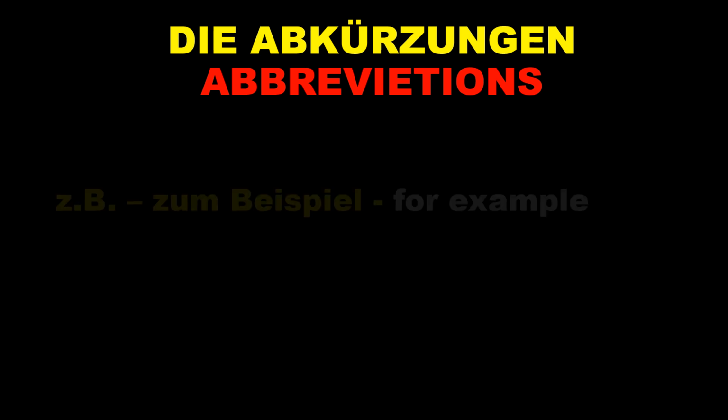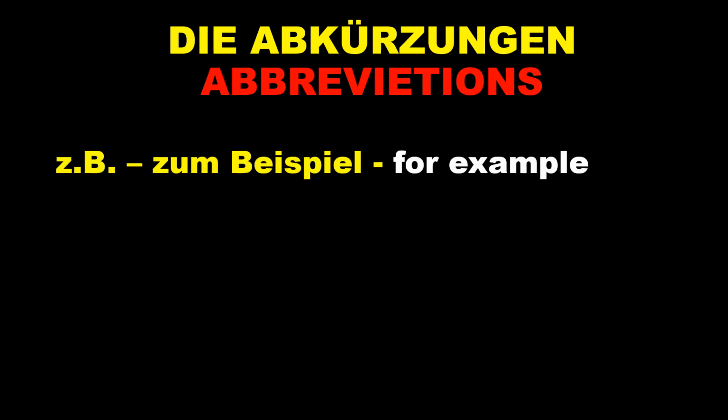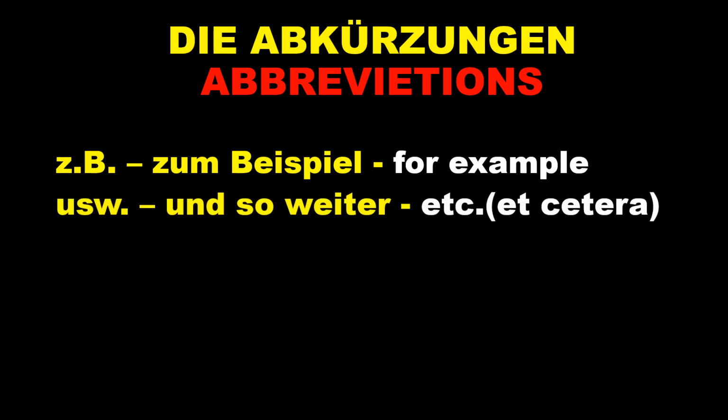Okay, so let's start. Here on the screen you can see this word, ABKÜRZUNGEN, which means abbreviations. Let's start with the first one, ZB, which means zum Beispiel. English equivalent: for example or for instance. Next one is USW.